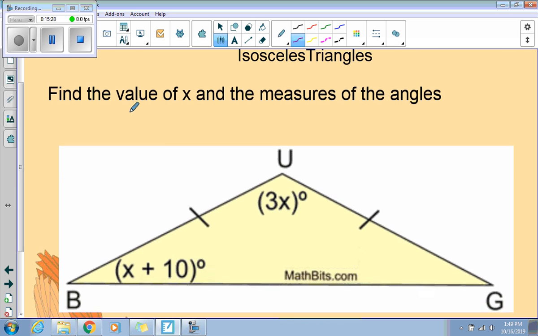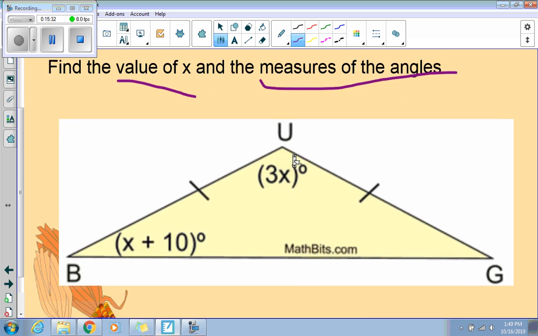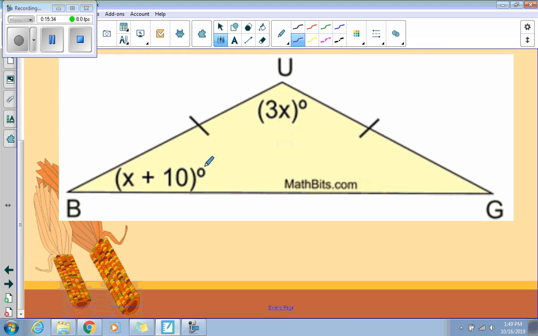Here we're solving for the value of x and for the measures of the angles. So we're going to take what we know: across from the congruent sides is going to be equal. So if one of them is x plus 10, the other one will also be x plus 10.